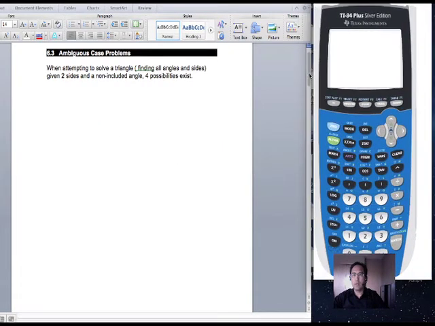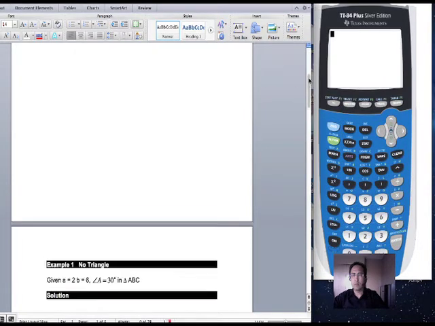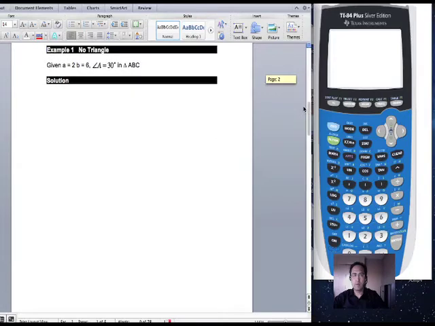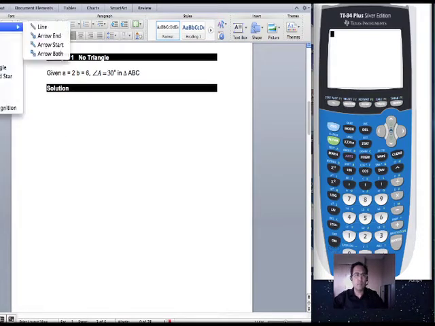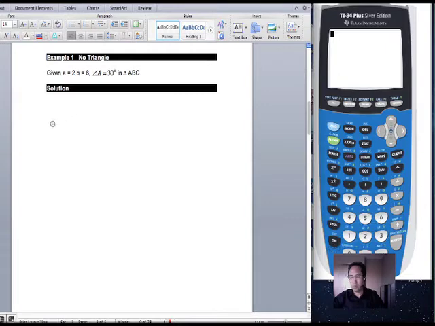So the first one here, this is the calculations you're going to see for it. Maybe not a bad idea to start by sketching it out first. So in this one, we'll just draw in a triangle and label it A, B, and C. We really can't tell whether something like this is ambiguous or not.